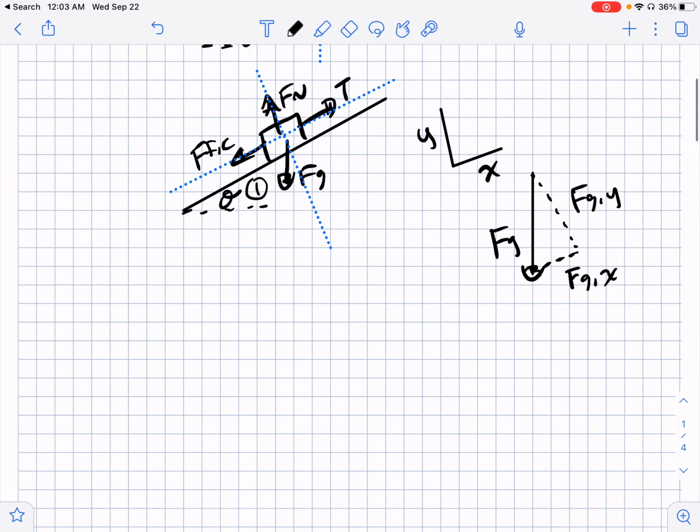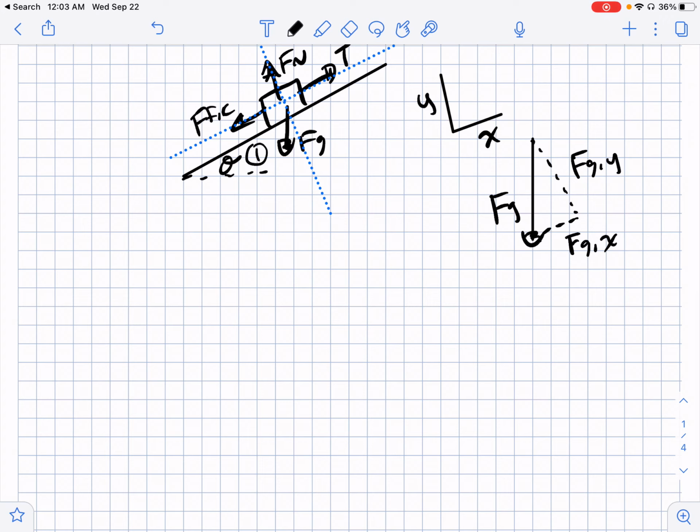The next thing we need to look at is what this angle is that we're going to be working with. So let's expand this again. There's the ramp, and we have the box on the ramp. Let's make our horizontal surface there. And we know Fg goes straight down.